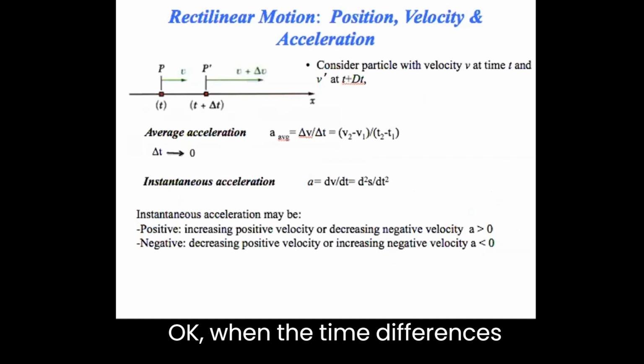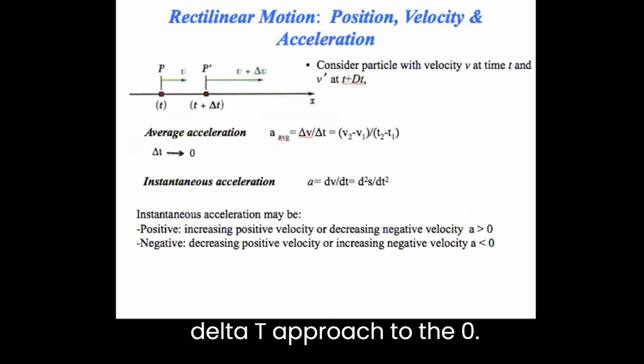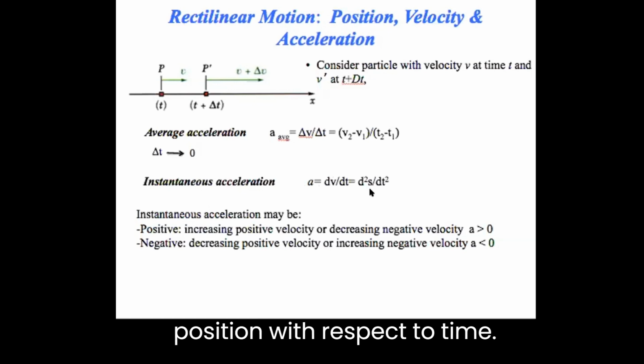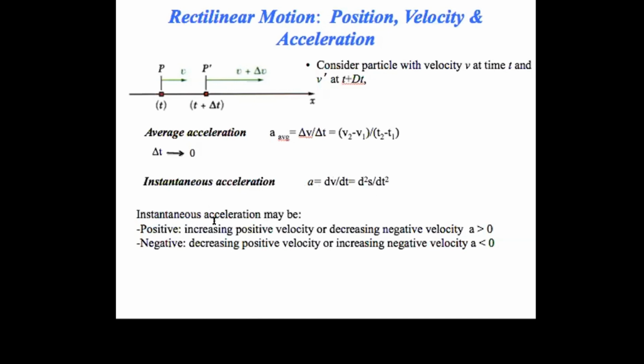When the time difference delta t approaches zero, the average acceleration becomes the instantaneous acceleration, defined as a equals dv over dt, or the derivative of velocity v with respect to t, or the second derivative of the position with respect to time.